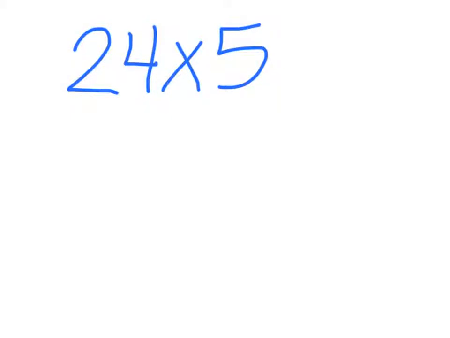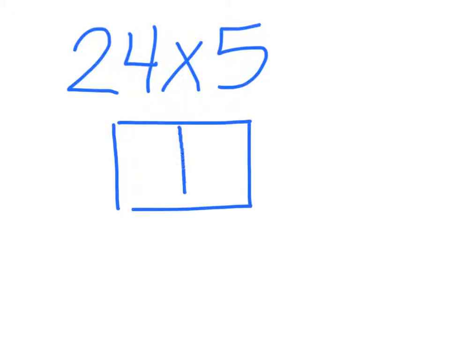Let's go ahead and try another one. We have 24 times 5. First thing you should do, draw your box, split it into 2 by 1 because this is 2 digits by 1 digit. The next thing you're going to do is separate the 24 into tens.